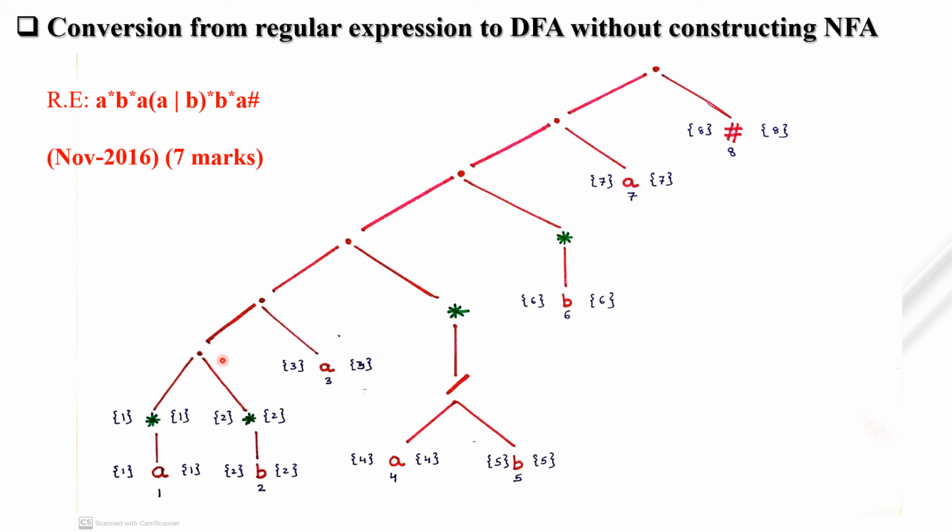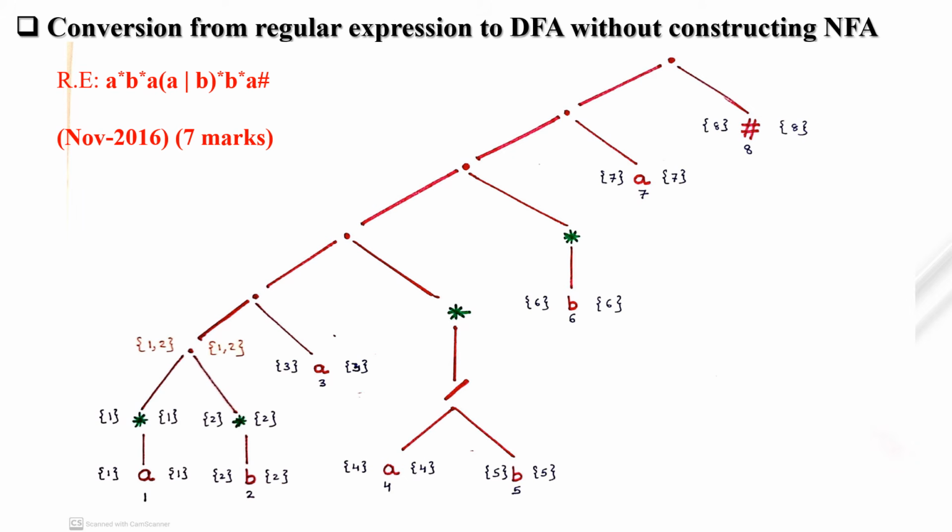What is the answer here? 1 and 2, here also 1 and 2. If there is no nullable here, then we simply put 2 because it is not nullable. But right now it is nullable, that's why we use last position of C1 union last position of C2, and the answer is 1 and 2 here.